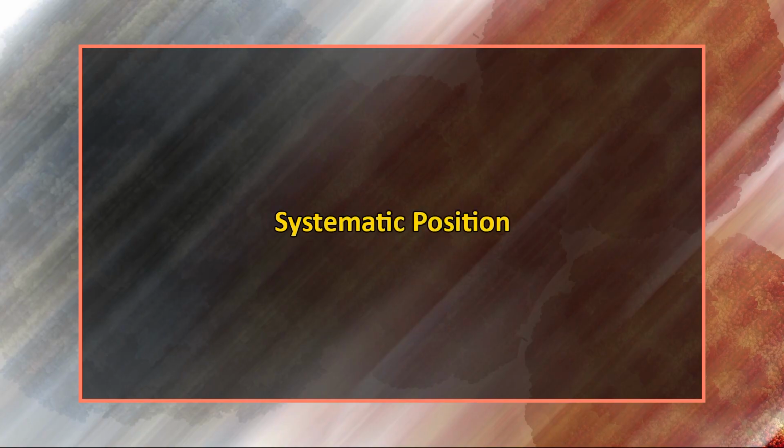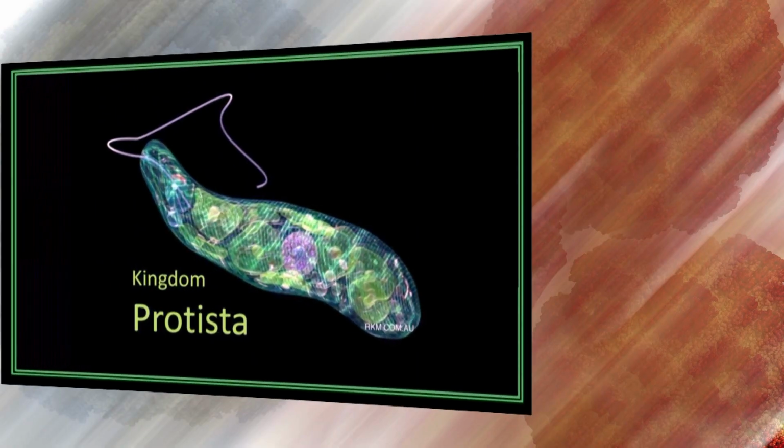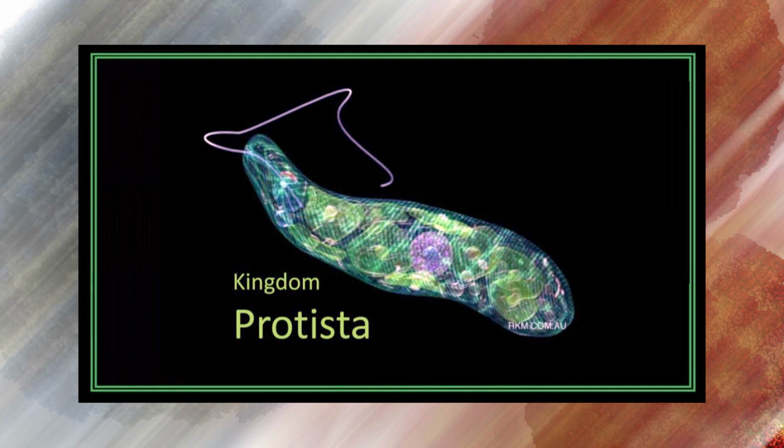Now, its systematic position. Chlamydomonas occupies a controversial systematic position. Being a unicellular eukaryote, it should have been placed in kingdom Protista, as all unicellular eukaryotic organisms are nowadays placed in the single kingdom Protista.